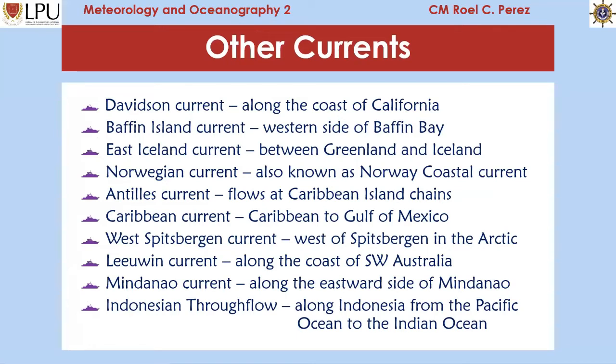And then we have the Indonesian through flow along Indonesia from the Pacific Ocean to the Indian Ocean. So this is passing in those Indonesian islands that is dividing the Pacific and the Indian Ocean.